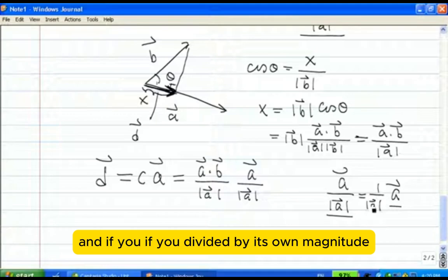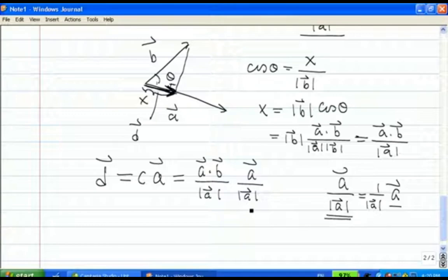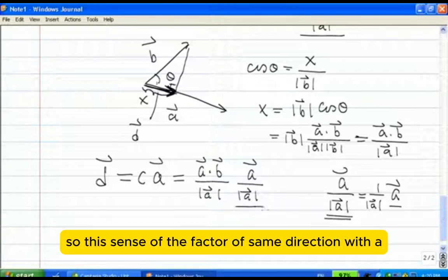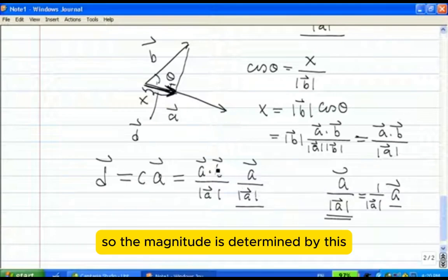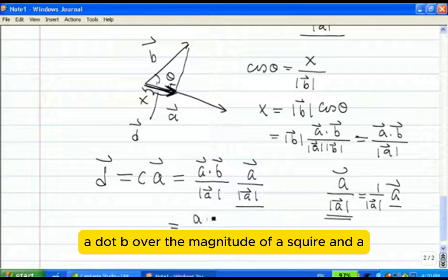And if you divide it by its own magnitude, then this whole thing's magnitude is 1. So this is the vector in the same direction as a, but with magnitude 1. The magnitude is determined by this. So that's how we get this formula: a dot b over the magnitude of a squared, times a.